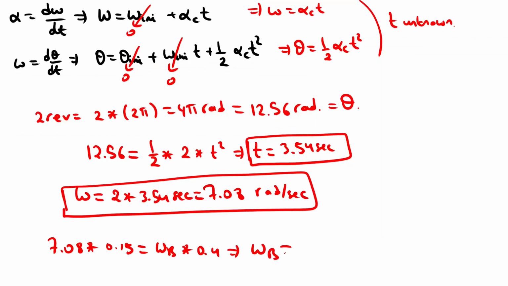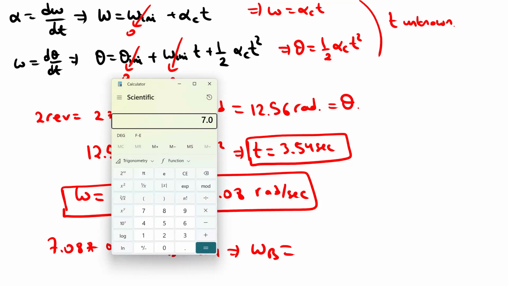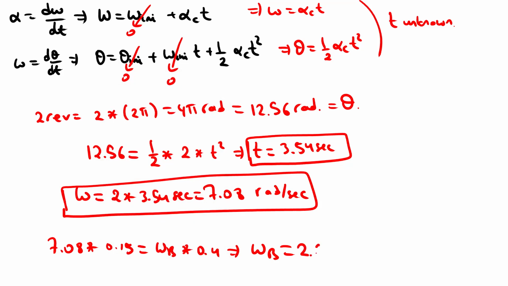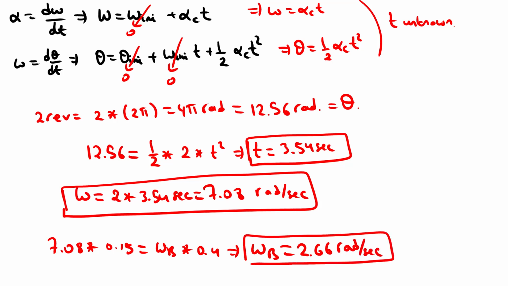From here, omega B will be 7.08 times 0.15 divided by 0.4, which is 2.66 radians per second. That's the omega B.